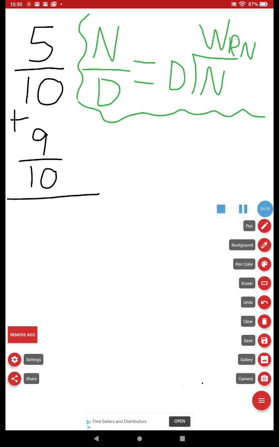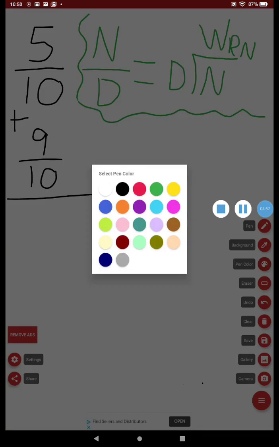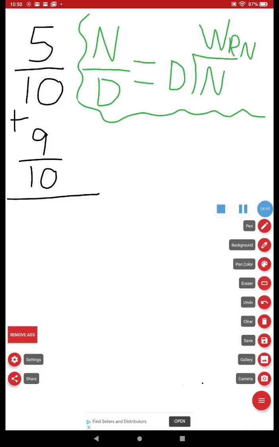Well, remember, my denominator always stays the same until I simplify. 10. 5 and 9 get me 14. All right, 14 is bigger than 10, so I've got to convert it to a mixed number.